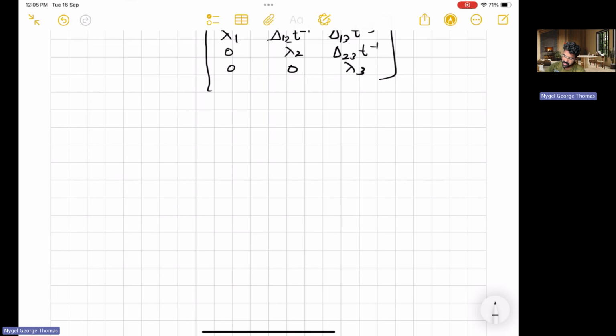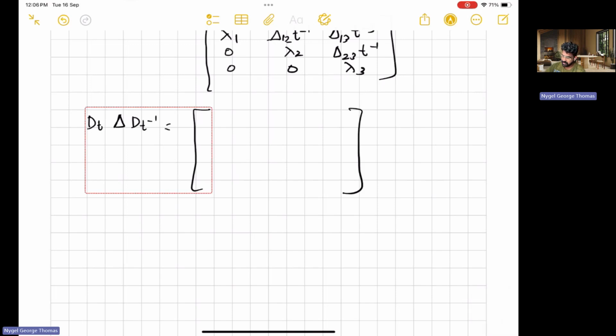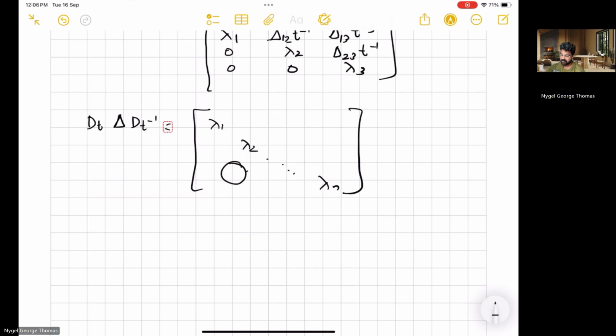So for a general case, we get D_t Delta D_t inverse as follows. Along the diagonals, you get the eigenvalues lambda 1, lambda 2, etc., lambda n. Here, it's an upper triangular matrix, so all these elements here will be 0.